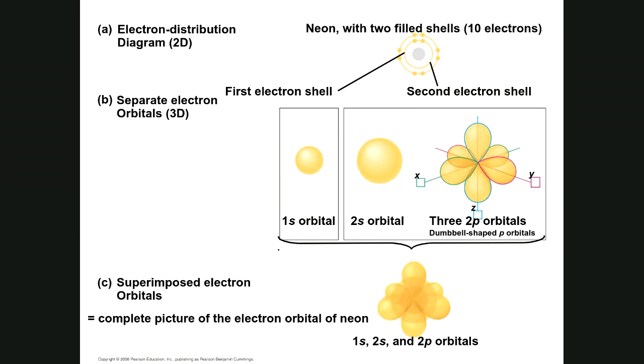After that, I have another orbital called p, the one that has X, Y, Z. This one exists from the second shell and up.